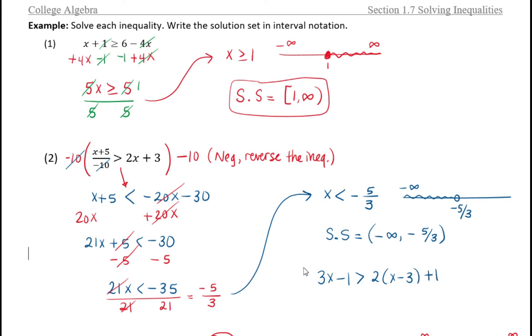Can you just pause the video and work on this problem for a couple of minutes? Okay, so let's continue.